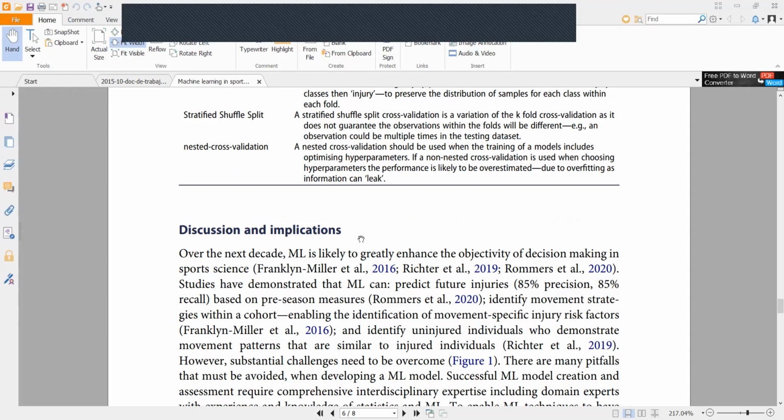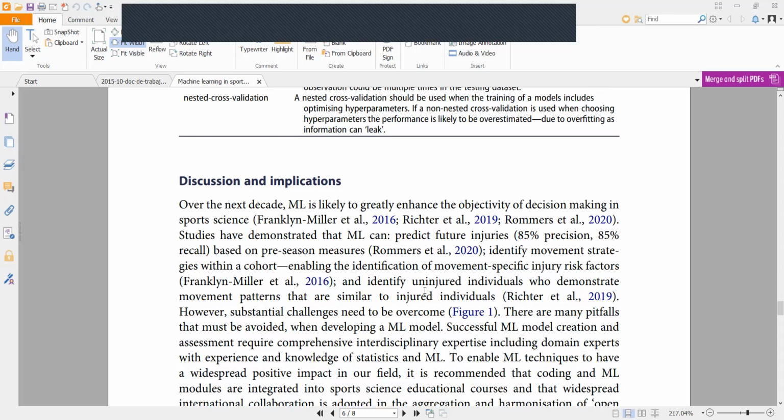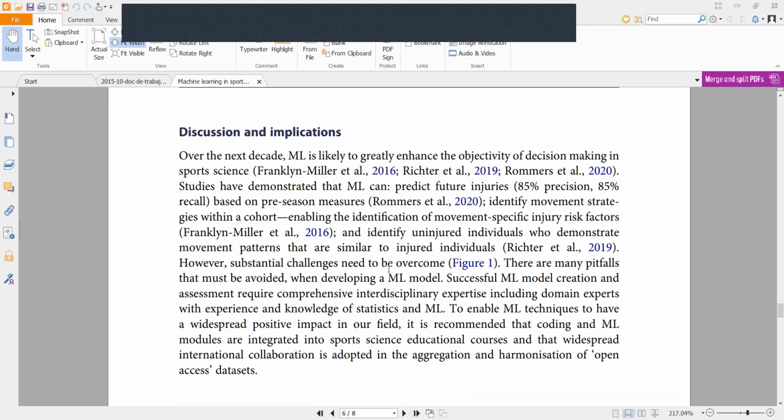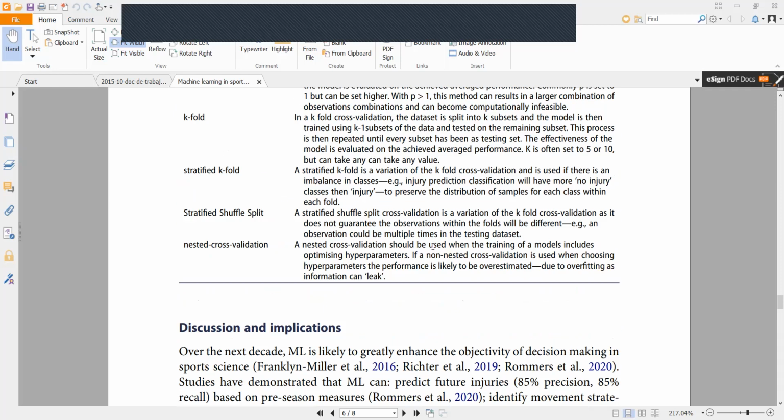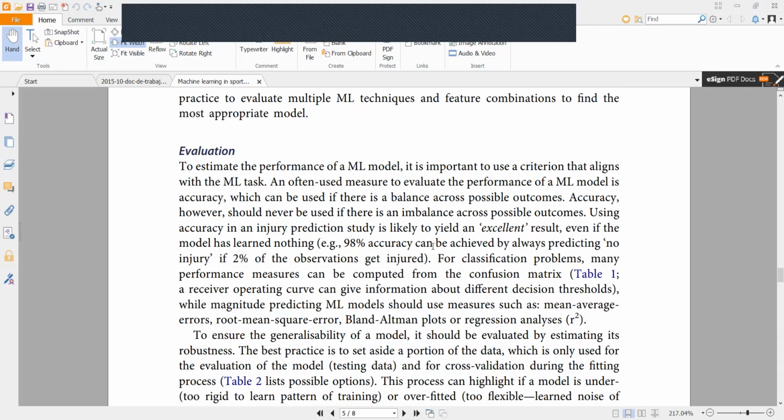Studies have demonstrated that these techniques can predict future injuries, 85% precision, 85% recall based on precision measure, identify movement strategies, enabling the identification of movement-specific injury risk factors, and identify injured individuals who demonstrate movement patterns that are similar to injured individuals.